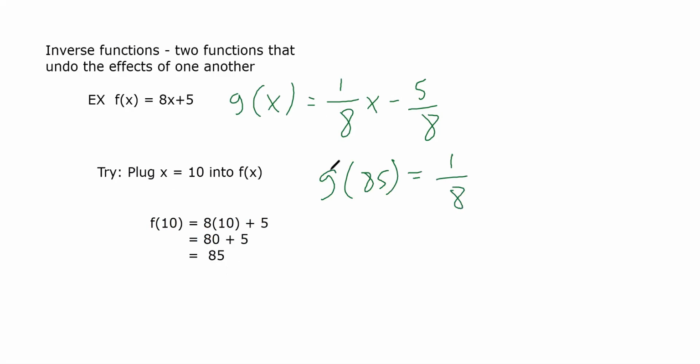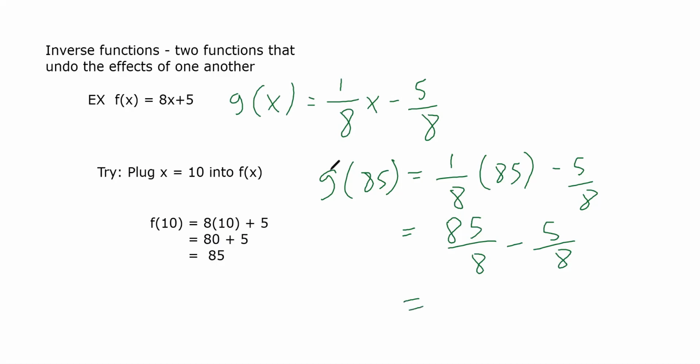Well, just plug it in. We get 85 over 8 minus 5 over 8. They have the same denominator, which is nice. 85 minus 5 is just 80, so we end up with 80 over 8, which is 10.